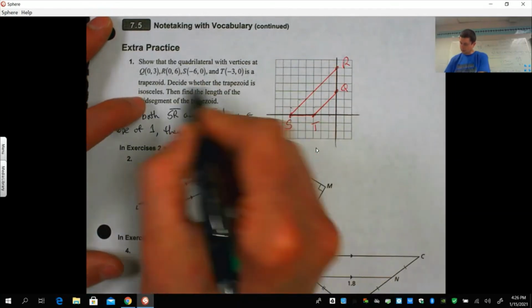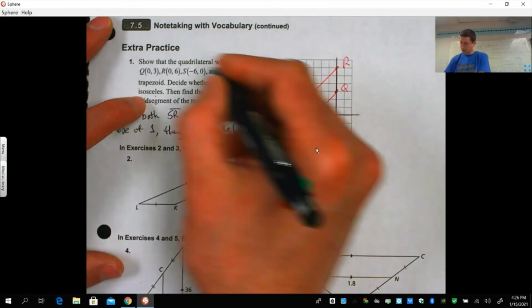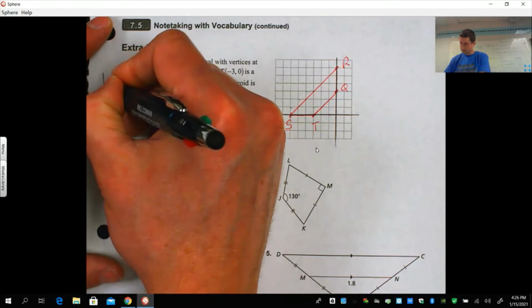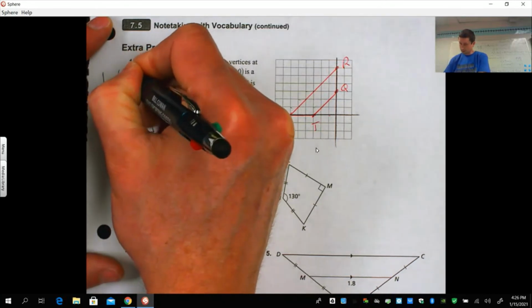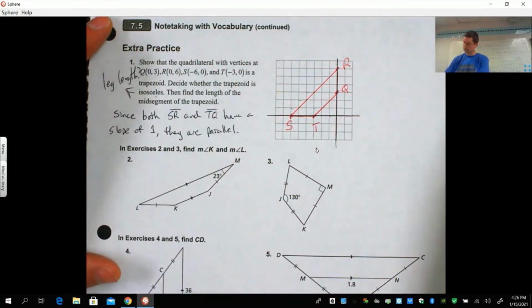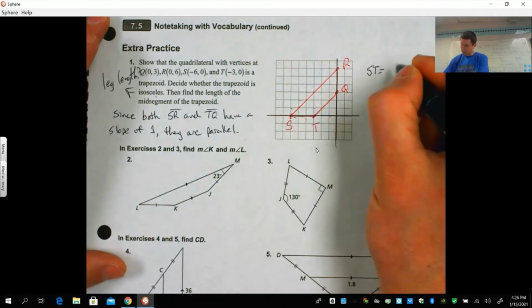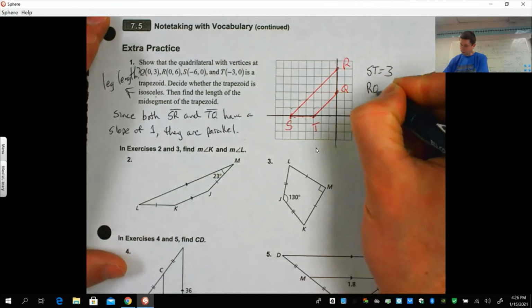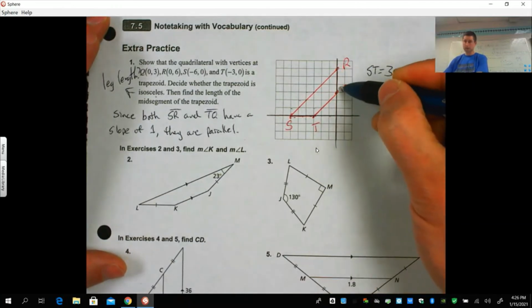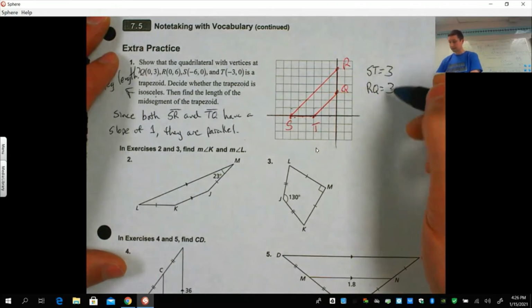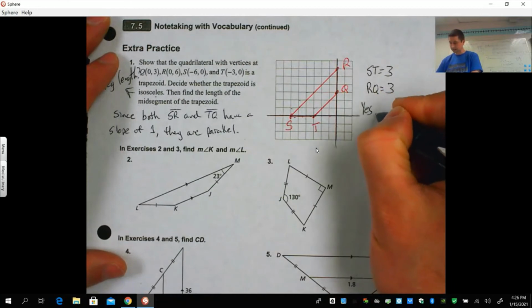Decide whether the trapezoid is isosceles. Are the legs the same length? So we want to know about the leg length. Are those legs the same length? So ST equals a length of 1, 2, 3. RQ equals a length of 1, 2, 3. So since the legs have the same length, it is isosceles.